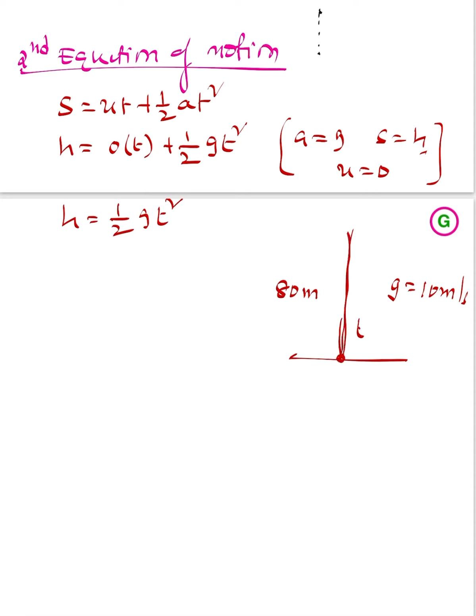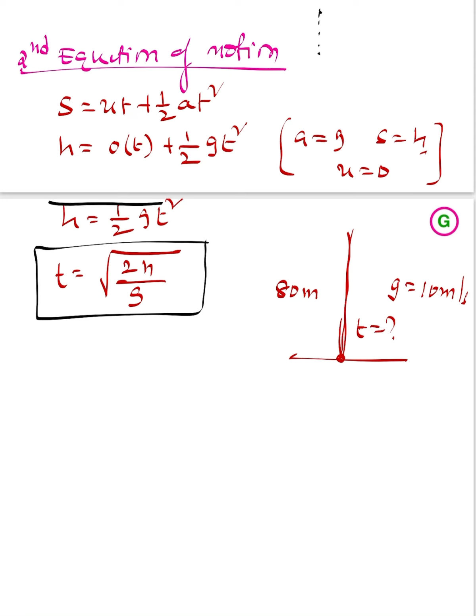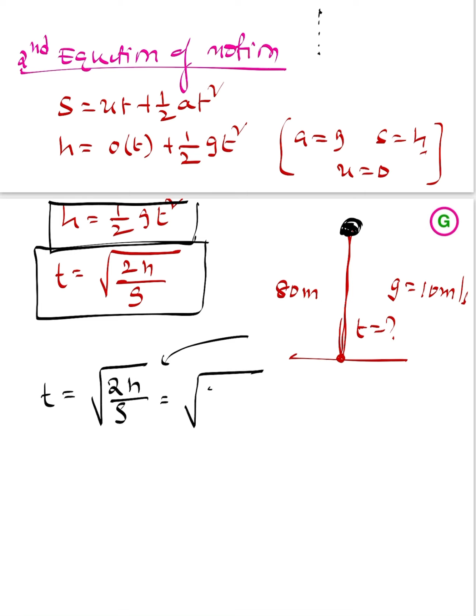From this formula, you can use t equal to root over 2h by g. So t equal to under root 2 into h, 80, by 10. So under root 16, that is 4 seconds.